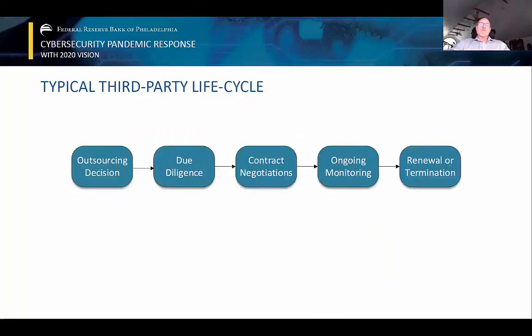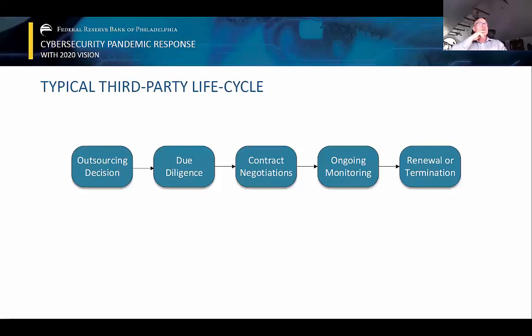Third-party risk management activities typically take place within the third-party lifecycle, so I wanted to touch base on it so that we understand when these activities are happening. In a typical lifecycle, an outsourcing decision is made, and then we have a due diligence step. If you think about procurement processes and RFPs, we're developing functional and non-functional requirements and asking vendors how they can meet them.